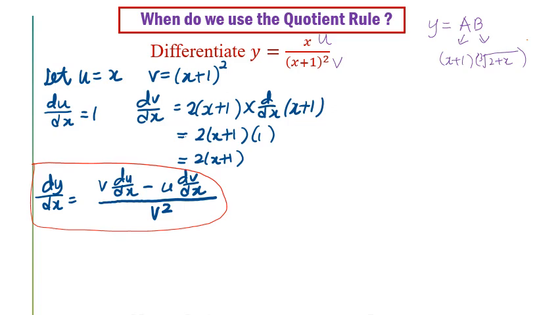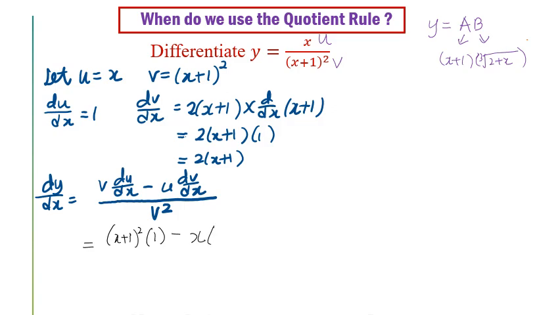Okay, so let's plug in the terms. v will be bracket x plus 1 to the power of 2. du over dx will be 1. u will be just x. dv over dx is 2 times x plus 1, over v squared, which is x plus 1 to the power of 2, and then to the power of 2.